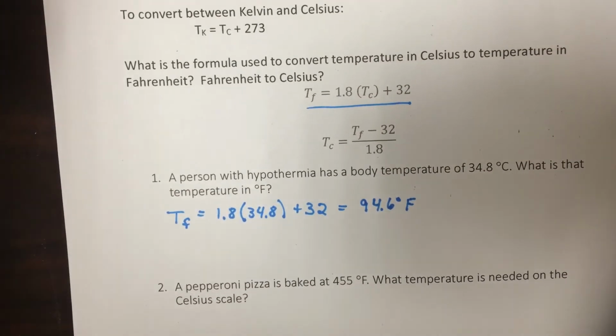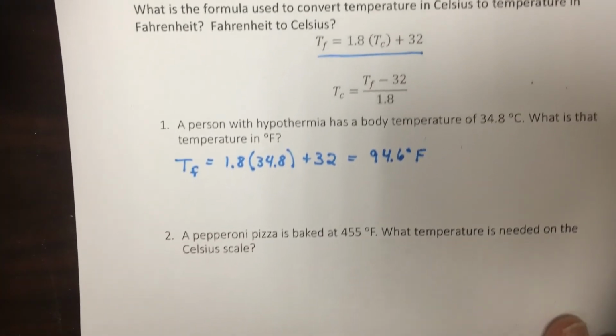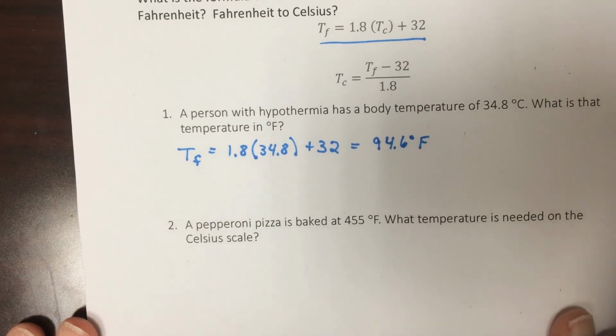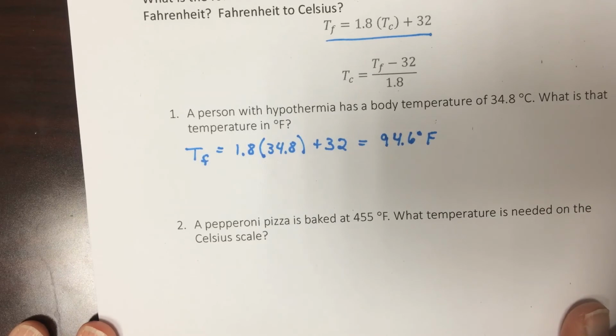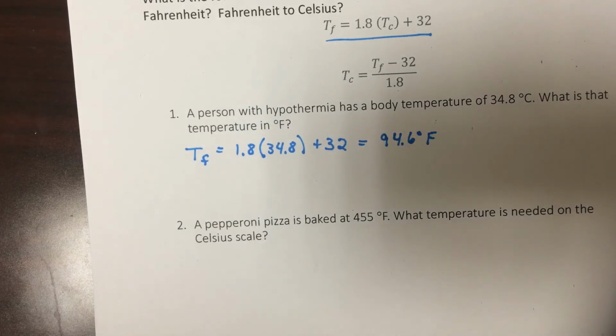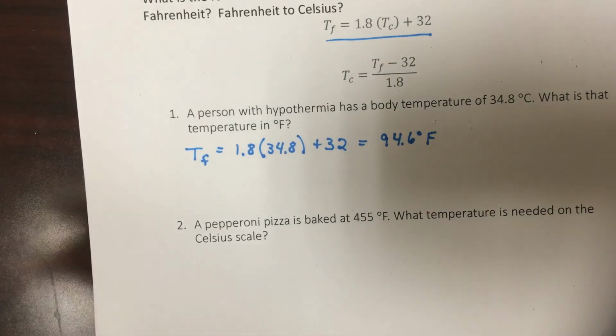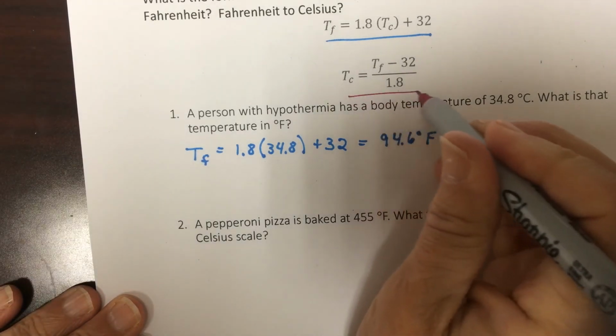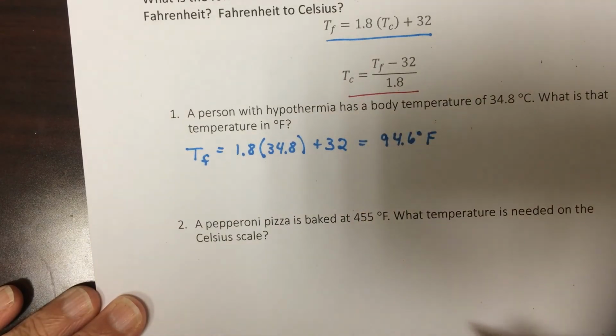A pepperoni pizza is baked at 455 degrees Fahrenheit. What is that temperature on the Celsius scale? Well then for this one we'll need to use the other formula. They've given us Fahrenheit and we would like to have Celsius.